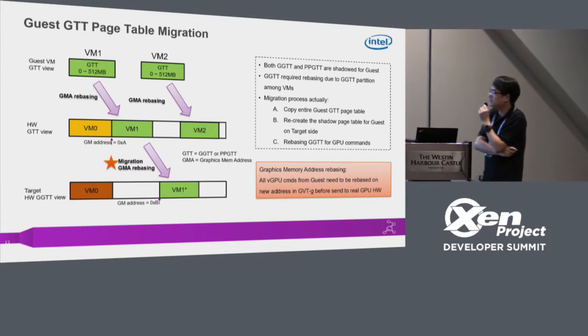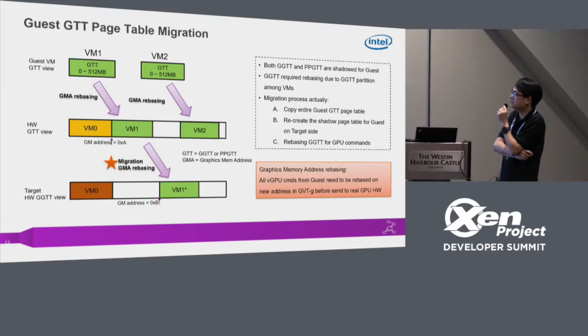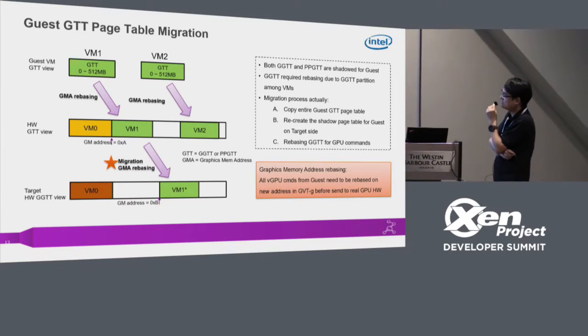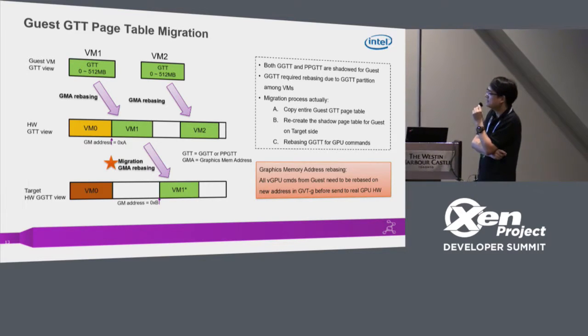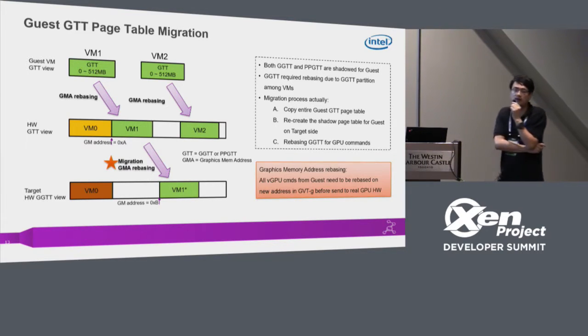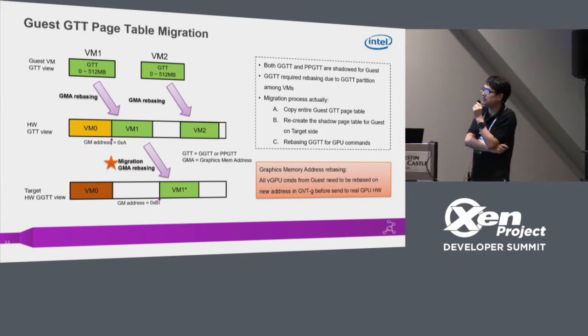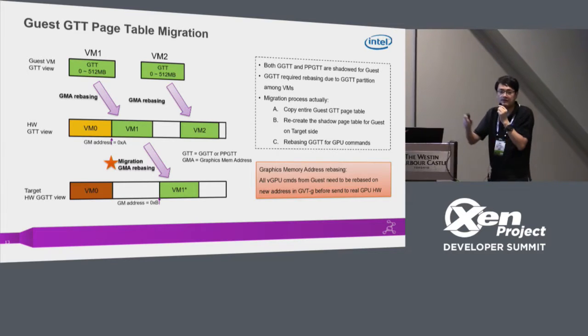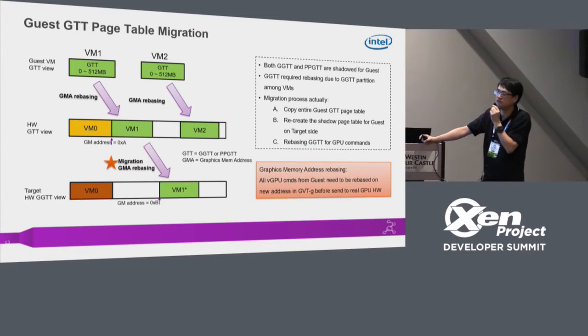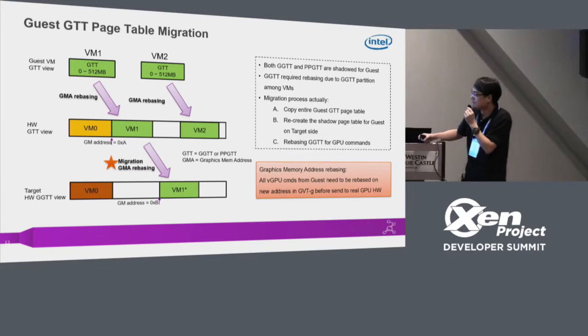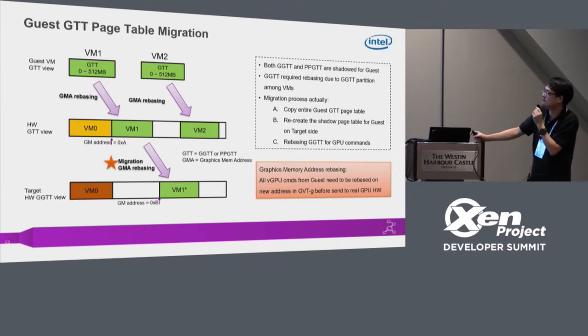For example, VM0 takes the range from address 0 to, say, 512 megabytes, and the next is for VM1, and the next is for VM3. This is because in our design we must statically partition the GGT tables. We discussed this in the last session, so you can understand why we must have static partitions. Here I just need you to know that we need to do static partitioning.